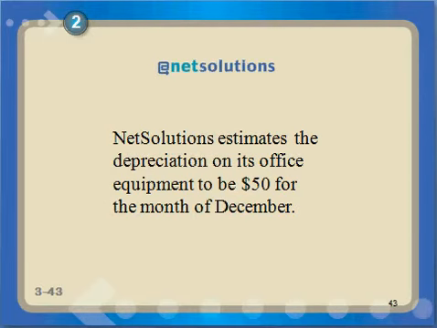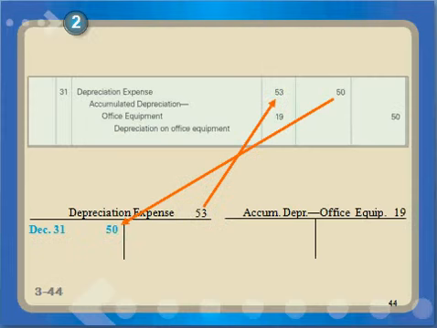Now, on December the 31st, Net Solution estimated that it had $50 worth of depreciation against its office equipment for the month of December. So our adjusting entry would look like this. We would debit the depreciation expense account and credit that contra account, accumulated depreciation office equipment. So we always keep the office equipment on there at its original value, and I think in this case it was $1,800.